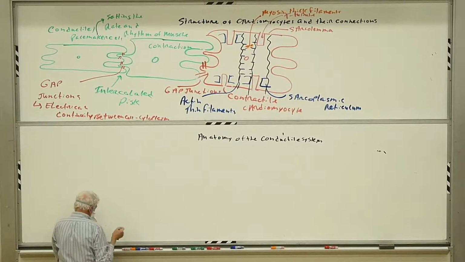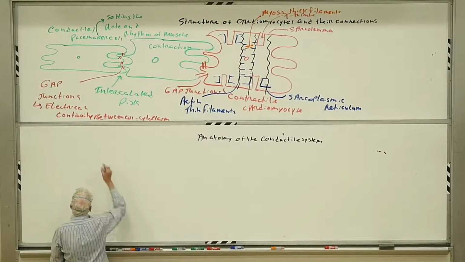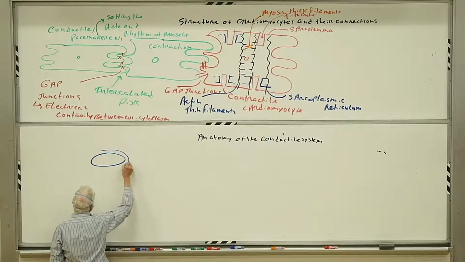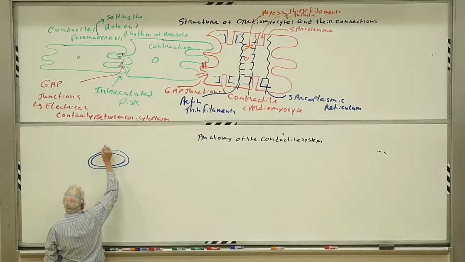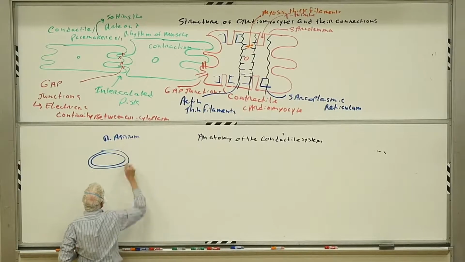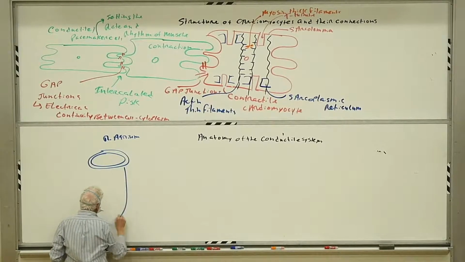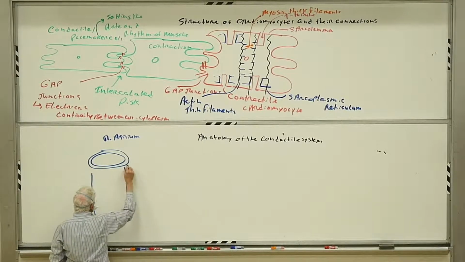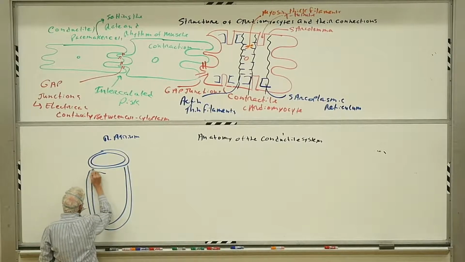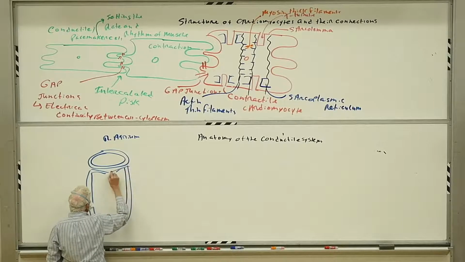We'll use our description here, where this is the right atrium. This is the right ventricle, showing the walls. Now again, I'm showing chambers here, so I'm going to put the valves in.